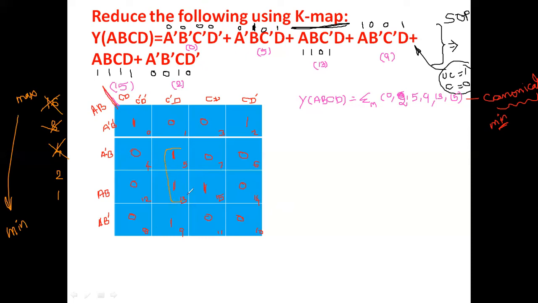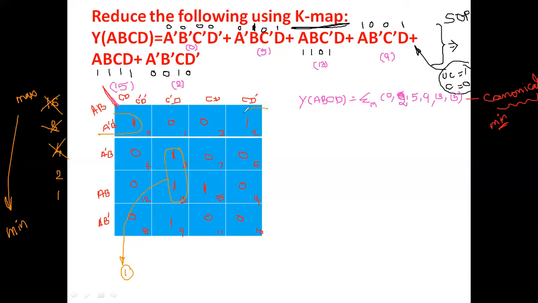Please listen carefully. This is the first grouping. And then again after grouping, check whether any ungrouped 1 is there or not. Yes, available. Another 4 ones. The next grouping is this one.